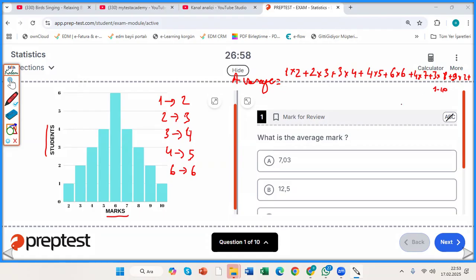This is the way we can find the average value.